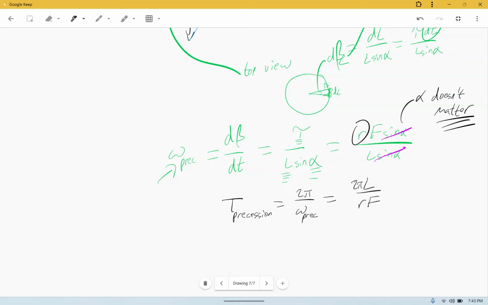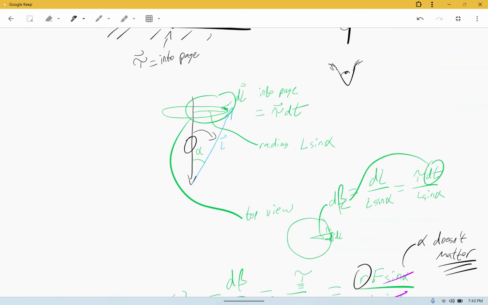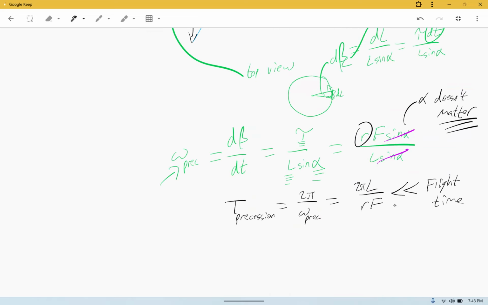So what I figured out I needed is I need this to be much less than the flight time. Because I'm thinking that if this direction changes then it just kind of precesses and follows it. It kind of spirals around it. But if this isn't true, if they're like the same amount of time, so let's say the force is doing this.